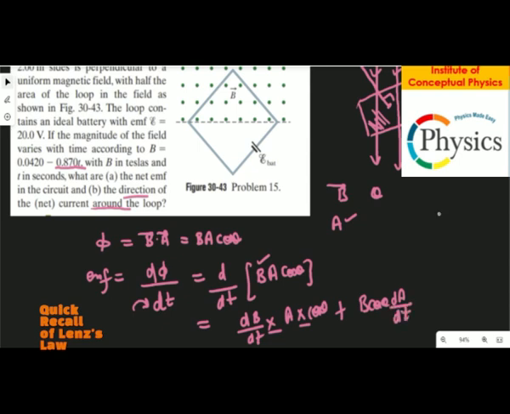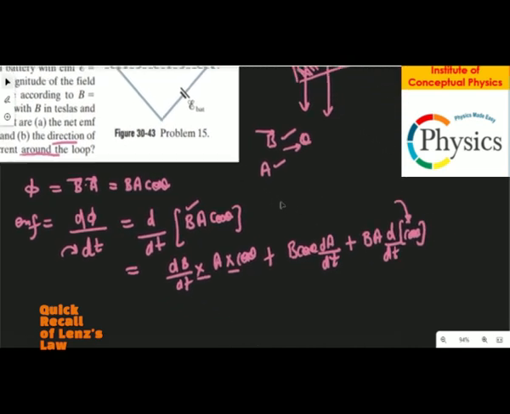And if theta is changing, you write this as B A d by dt of cos theta. The angle between the area vector and the magnetic field vector is theta. This can also change, as happens in the case of rotation, for example. So you can have three situations to create EMF.